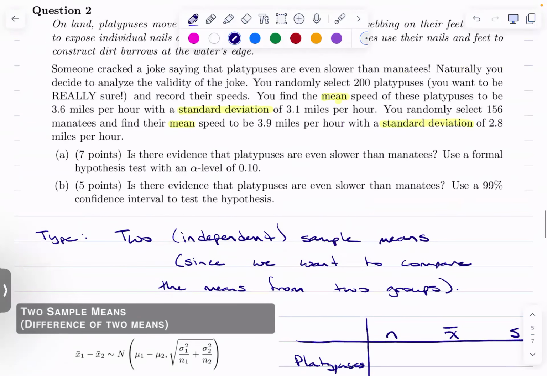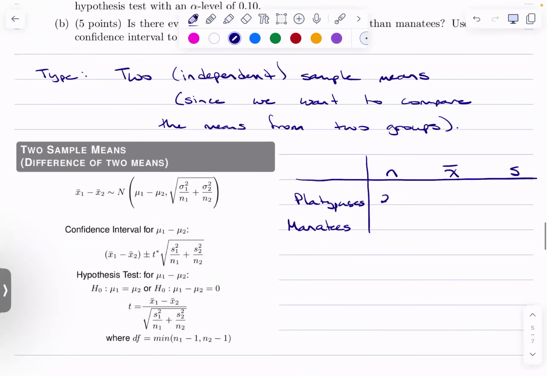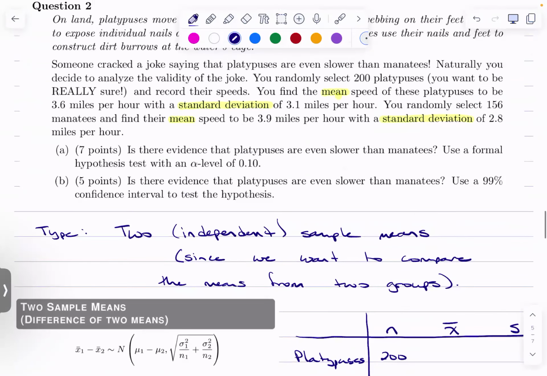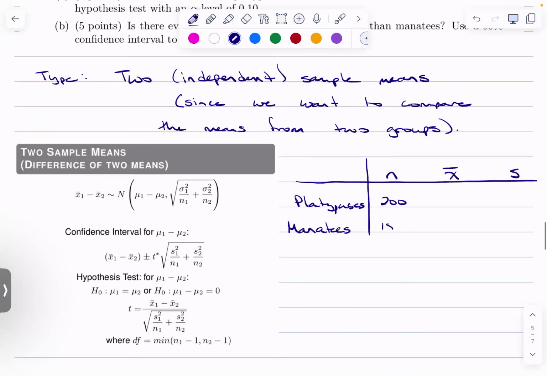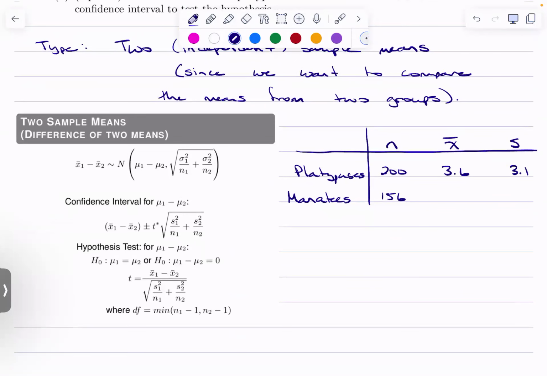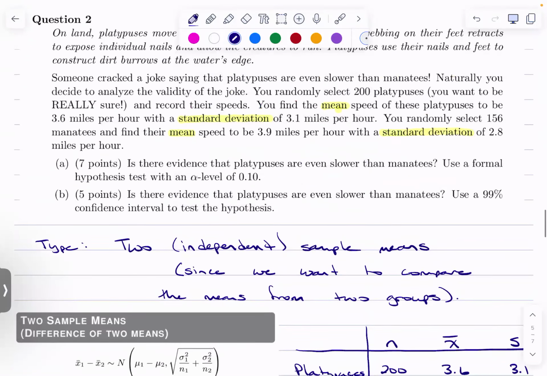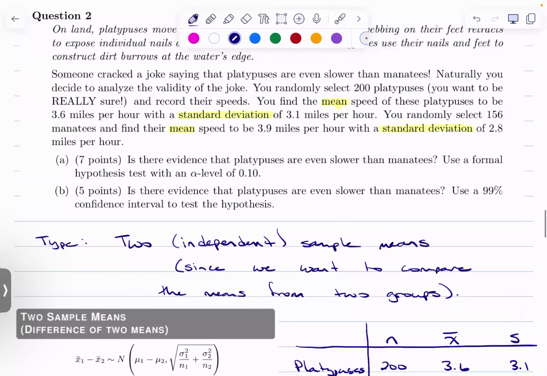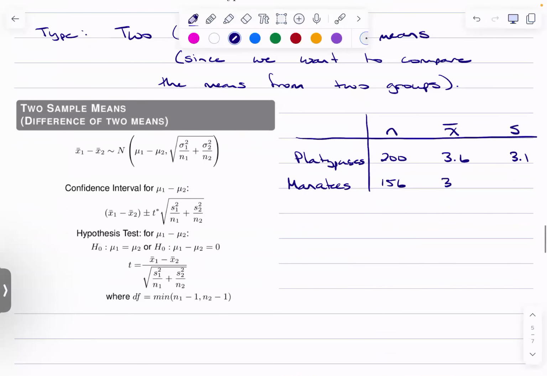Okay, let's jot down what we have. We have 200 platypuses. We have 156 manatees. The mean speed 3.6 with a standard deviation of 3.1 for the platypuses, and 3.9 and 2.8 for the manatees. Okay.